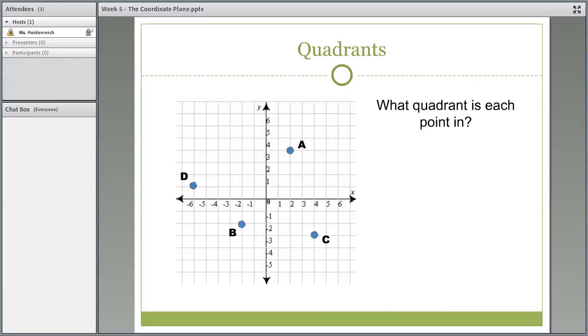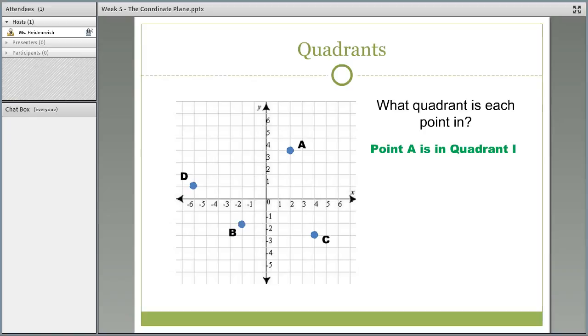So that's how you will be identifying points in specific quadrants. So that's what I have here for us. First we're going to look at A. A is in the top right section of the graph, so that is called quadrant 1. Now B is down below in the bottom left.